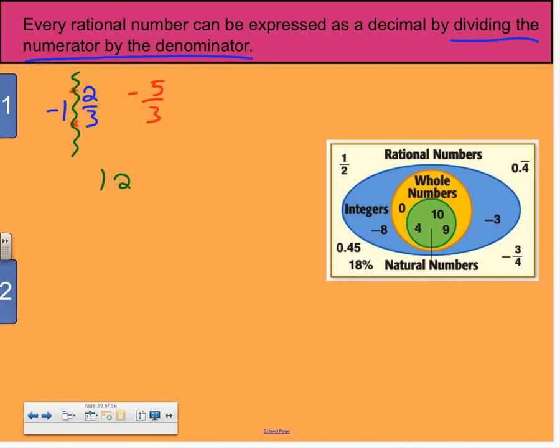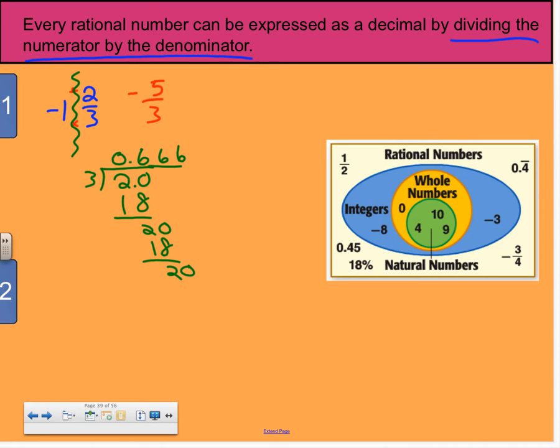So 2 divided by 3. 3 does not go into 2. 3 goes into 20 6 times, right? 6 times 3 is 18. 2, bring down the 0. 3 goes into there, what? 6 times. Do we see a pattern? All right. It's repeating.